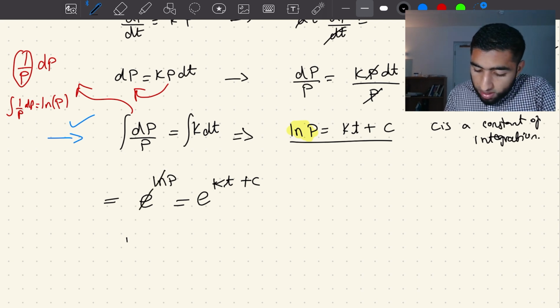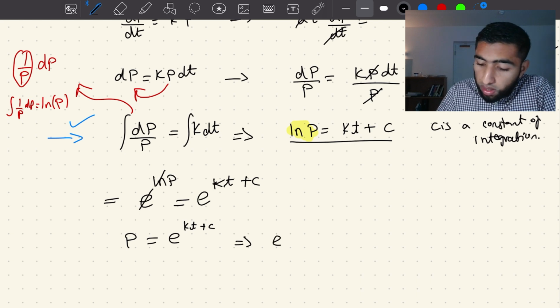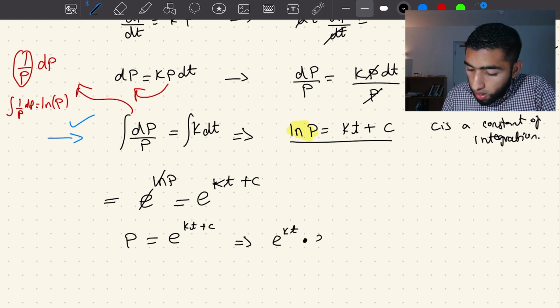Now, e to the kt plus c, I can rewrite this as e to the kt multiplied by e to the c using the laws of indices, and I can say, well, e to the c is just a constant. Remember that e is 2.71 something, and a is equal to e to the c.